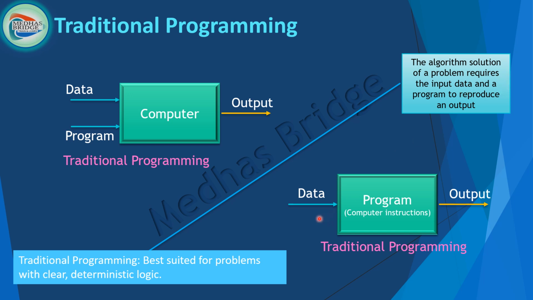See, in traditional programming, when do we actually choose this one? Precisely, it is best suited for problems with a clear and deterministic logic. Let's say you are trying to multiply two numbers, 2 times 2. How much will you get? 2 times 2 is nothing but 4.